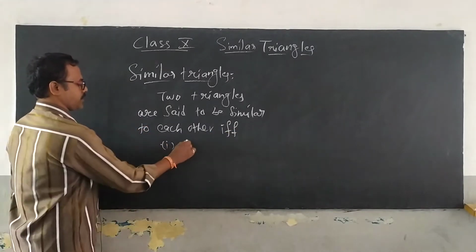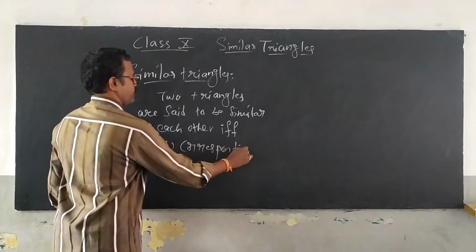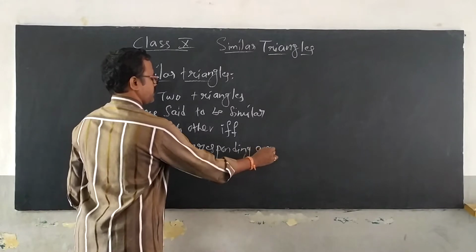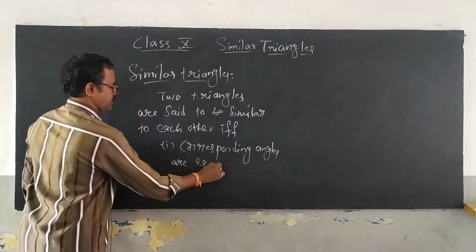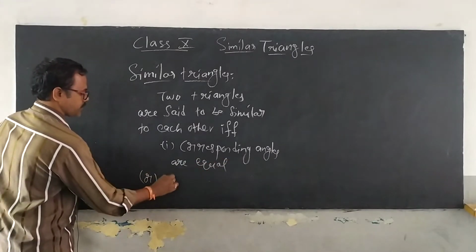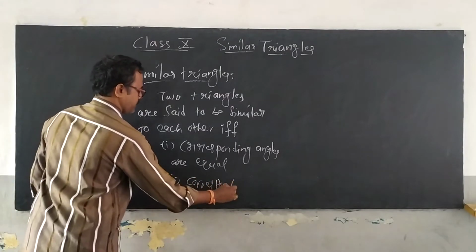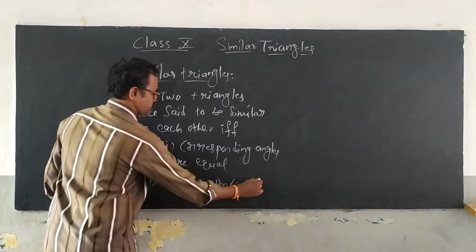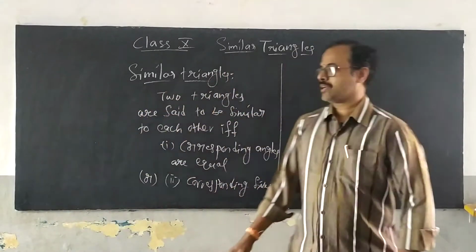The first rule is corresponding angles are equal, or the second one is corresponding sides are in proportion.